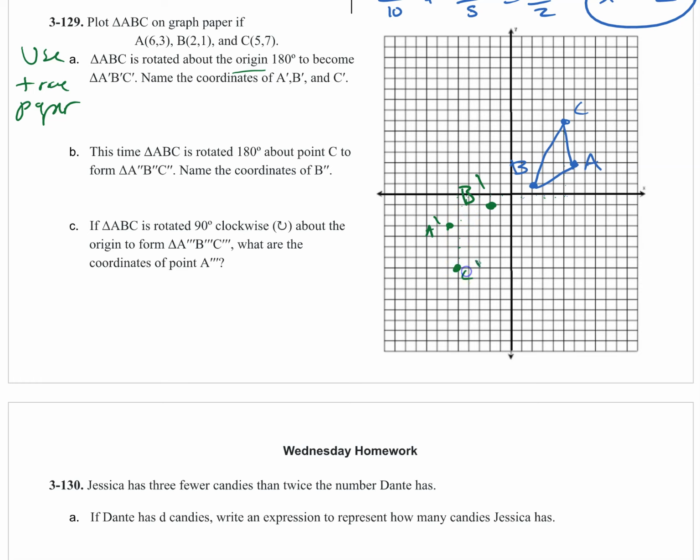So I'm doing the counting method, but just use your trace paper and you can do this a lot faster. And easier too. So A prime is going to be -6, -3. B prime is going to be -2, -1. And then C prime is going to be -5, -7. So what you notice is it's the same coordinates, except everything is negative. It switches signs.